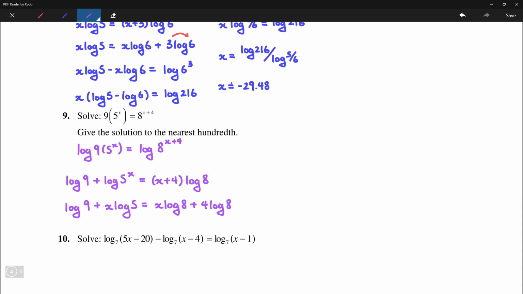Okay, here we're going to move the terms with x in them to the left. So we have x log 5 minus x log 8. And that will be equal to 4 log 8 minus log 9.